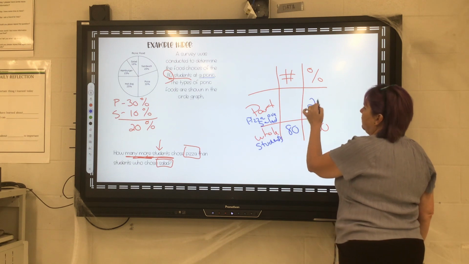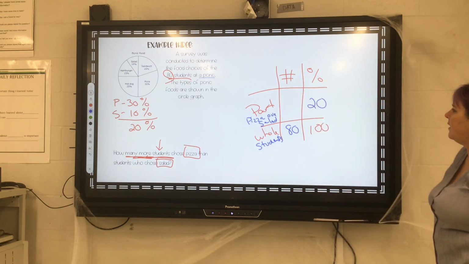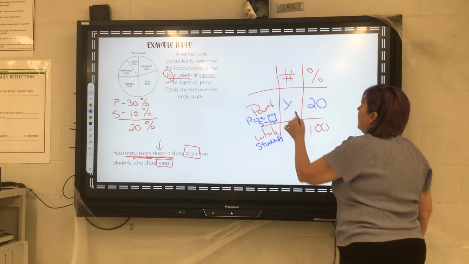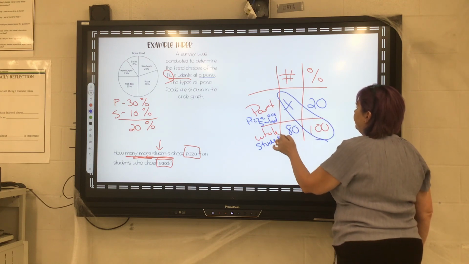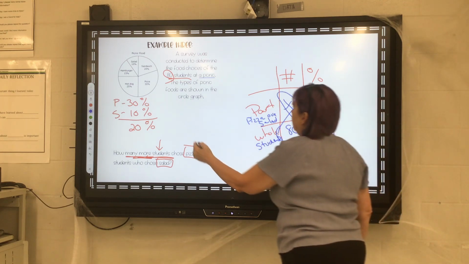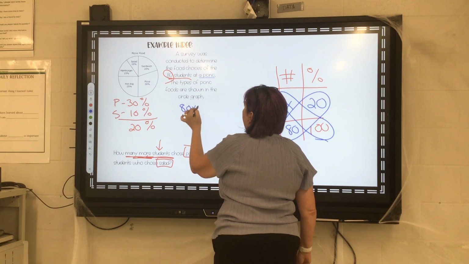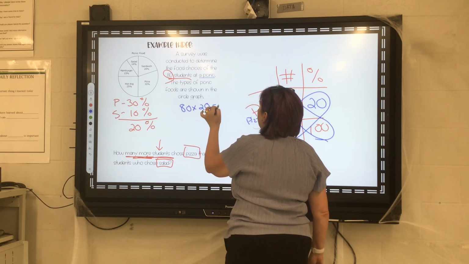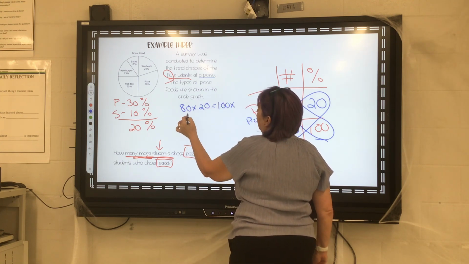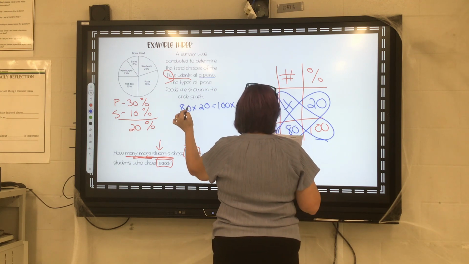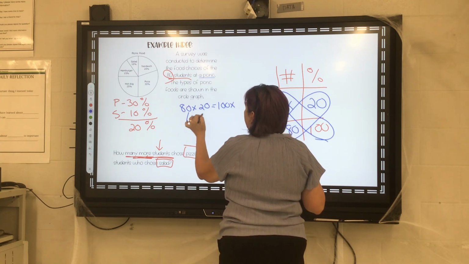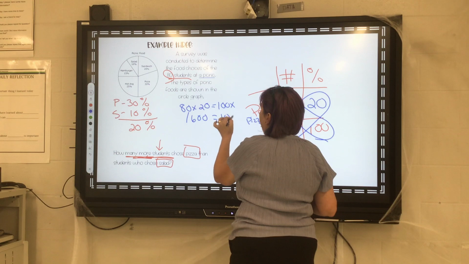We know 20% picked pizza over salad, so we are looking for the actual number. 80 times 20 is equal to 100x, so that is 1600 equals 100x.